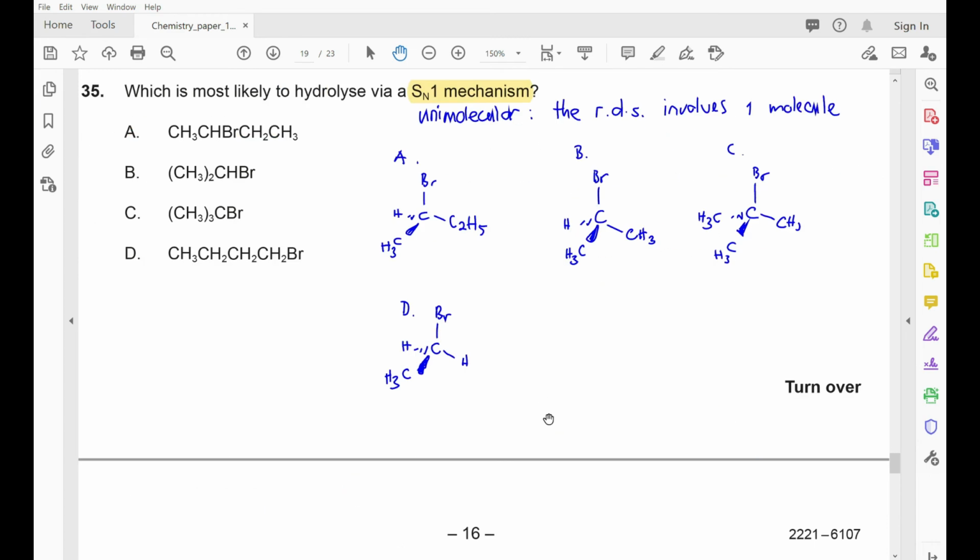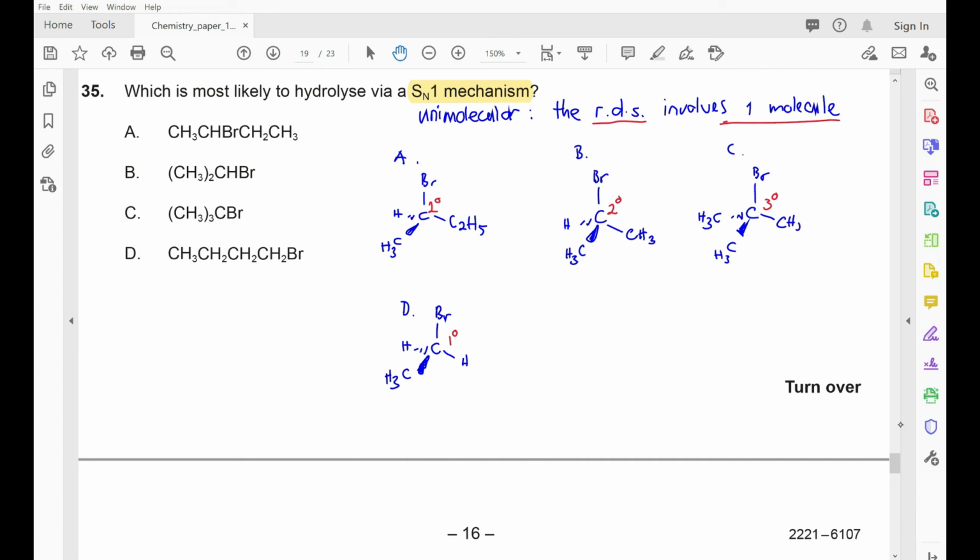Question 35. Which is most likely to hydrolyze via an SN1 mechanism? SN1 mechanism is unimolecular, which means that the rate determining step or the slow step involves only one molecule. And let's assign the degree of the halogenoalkane. A is a secondary halogenoalkane, B secondary, C is a tertiary, and D is a primary halogenoalkane.